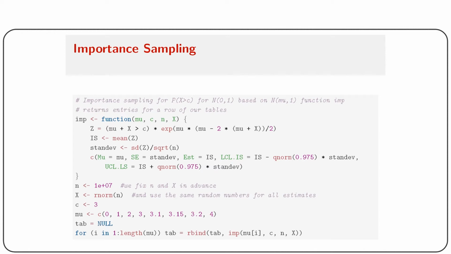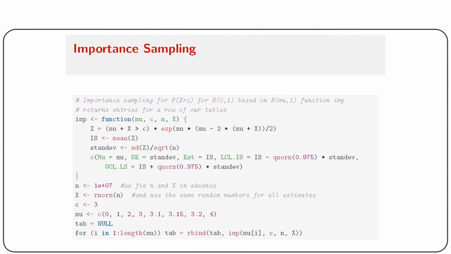The lower confidence interval is the estimate minus qnorm(0.975), which is 1.96, times the standard deviation, and the upper confidence interval is the estimate plus 1.96 times the standard deviation. So this function will return the mu value, the standard error, the importance sampling estimate, and its 95% confidence interval. That is the way the function has been developed.